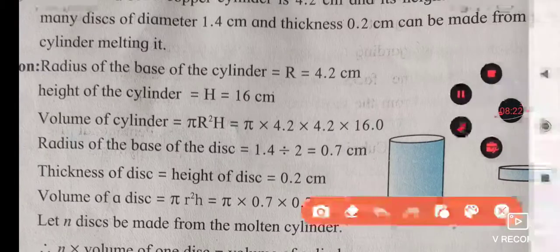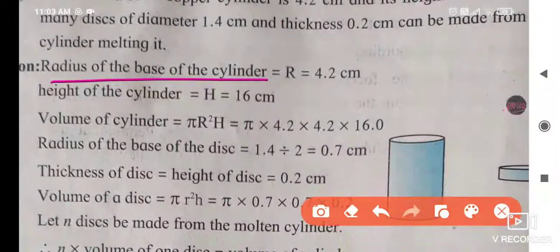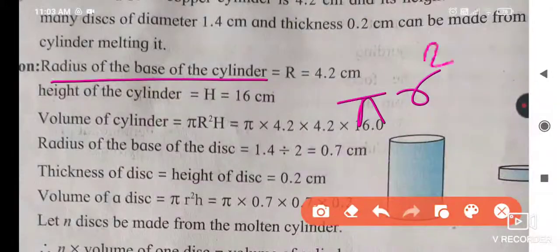First of all, we will find the radius of the cylinder. Here two shapes are there and both are cylindrical in shape. If we keep the same radius for both, then our answer will be wrong when we use the same r in the formula pi r square h.